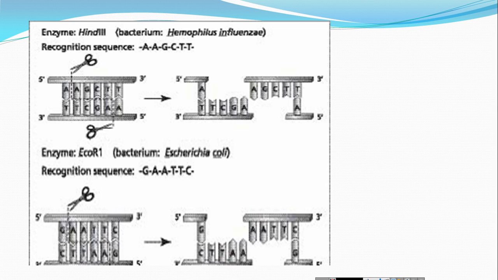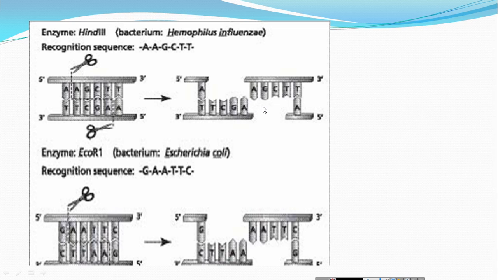Now, in the diagram we can see a specific sequence, AAGCTT, present from 5 prime to 3 prime end and from 3 prime to 5 prime end. Between the two adenine nucleotides, HindIII is able to cut. For identification of the cutting site, it requires the specific sequence AAGCTT, and it cuts between the two A's.